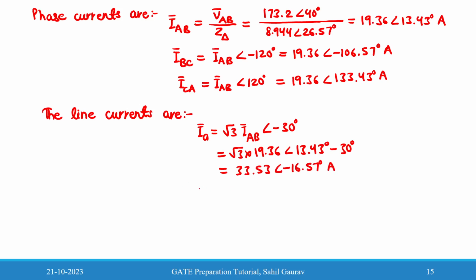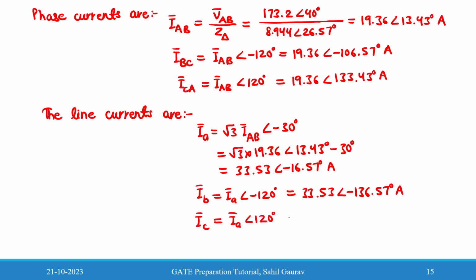and IB will be IA at minus 120 degree. So it will be 33.53 at the angle of minus 136.57 degree ampere, and IC will be IA at the angle of 120 degree, that is 33.53 at the angle of 103.43 degree ampere.